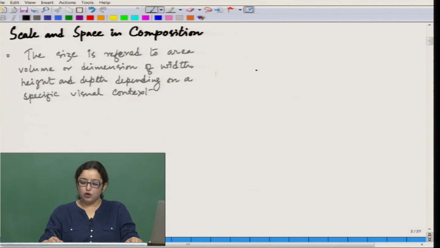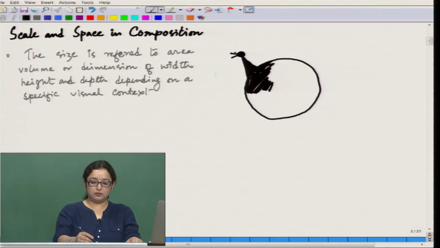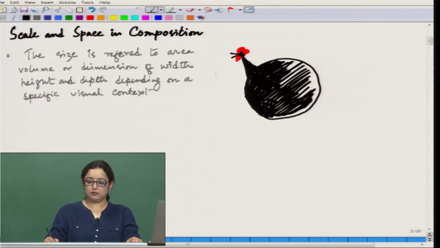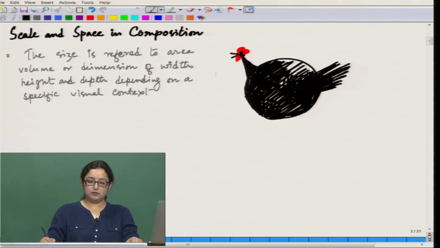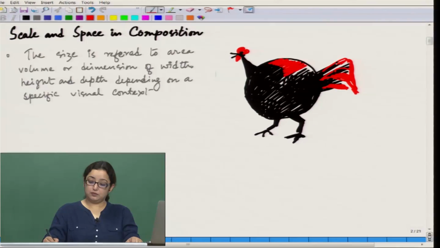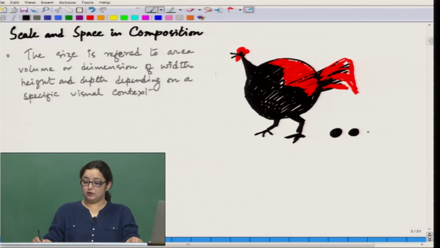So, if we have an object in a picture that occupies a larger area, then let us have a few more objects here.